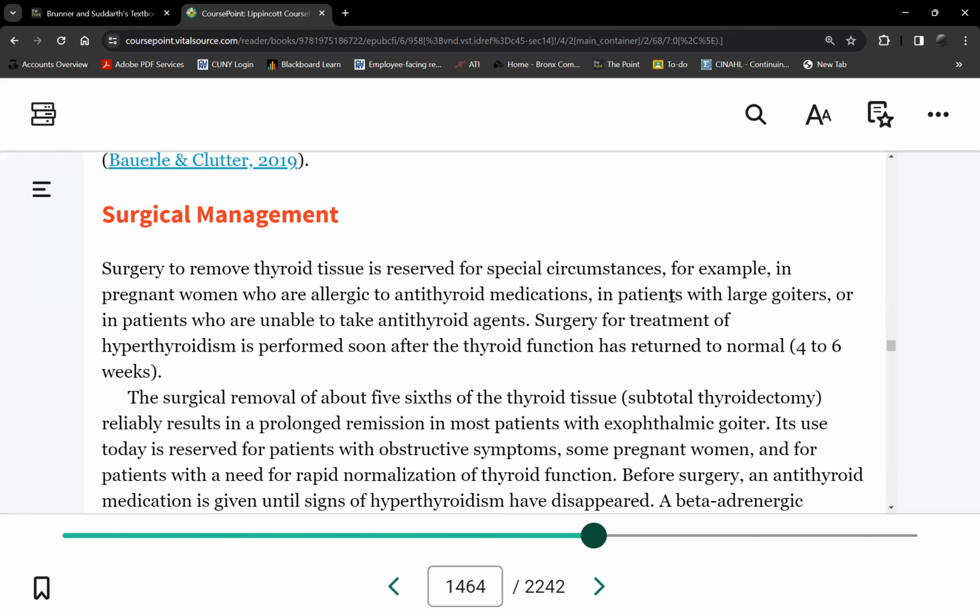So the objective is shrink the thyroid gland first. How do we shrink it? What was the medication again that will inhibit its activity? Iodine and the thionamides, that is PTU and the methimazole. So we have to treat them with those first for about 2 weeks minimum. Then once the thyroid gland is small, almost normal in size, then we can schedule the surgery.